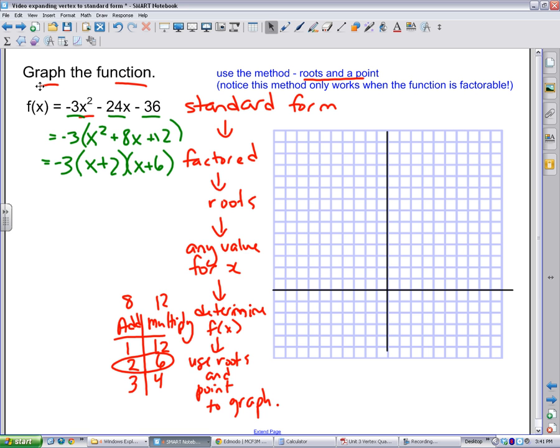So since we're factored then, that means I have the roots. The roots occur when f at x equals 0. So I'll have 0 equals -3, x plus 2, x plus 6.